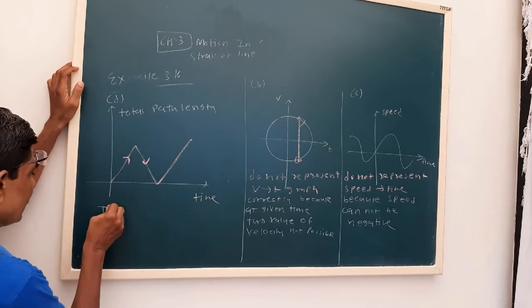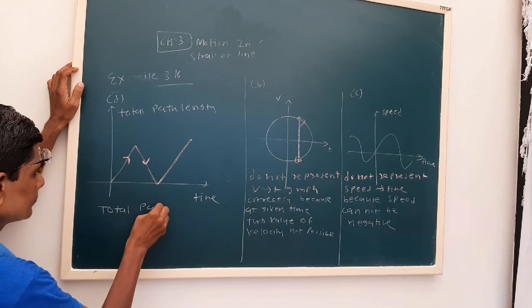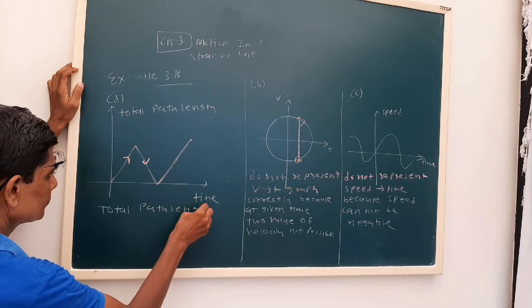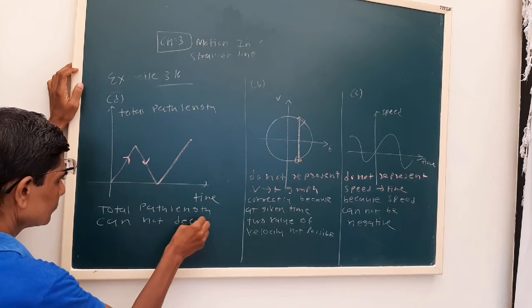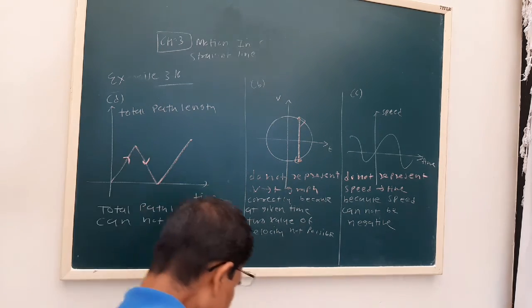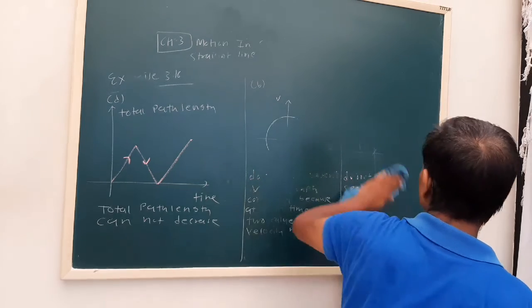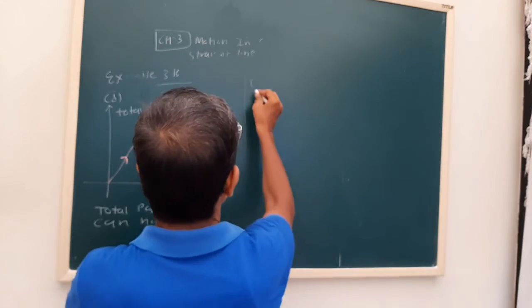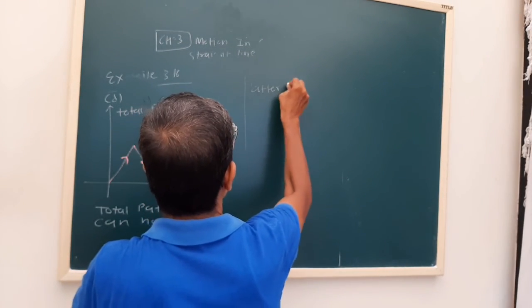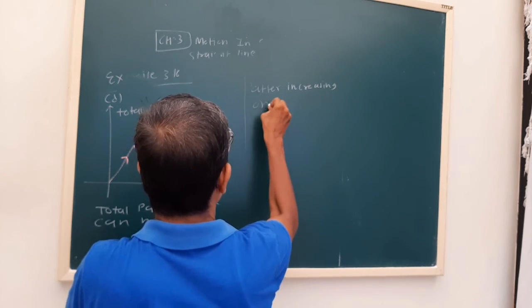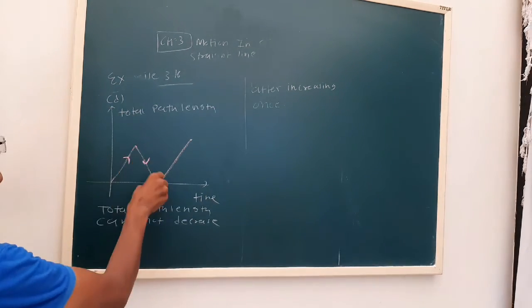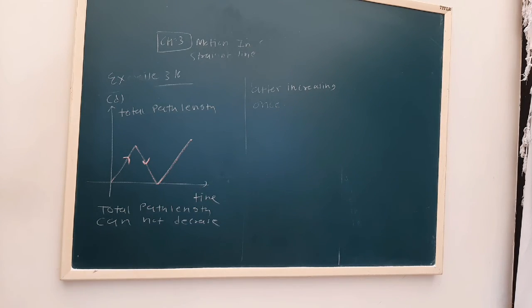See the total path length. After increasing one time, once it has increased, it cannot go down or it cannot decrease.